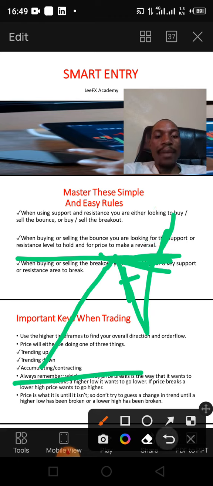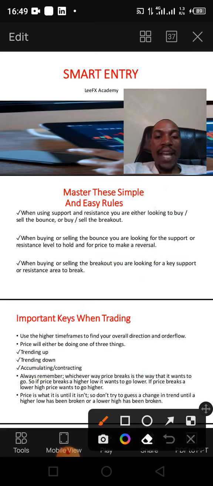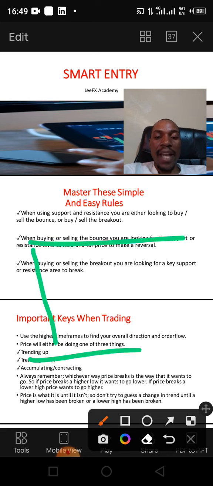Same applies with the support. When the price comes like that, then it makes the reversal. So you are looking at this point, and this point. You expect that when the price reaches back here on the same point, if it is really a reversal, it will penetrate on this point.